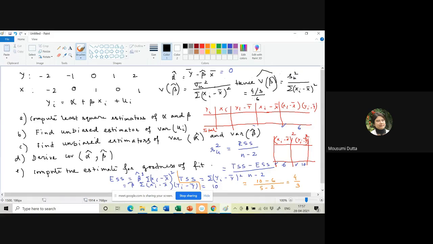So 2 by 9 is the answer. Next, we have to find out variance of alpha hat.